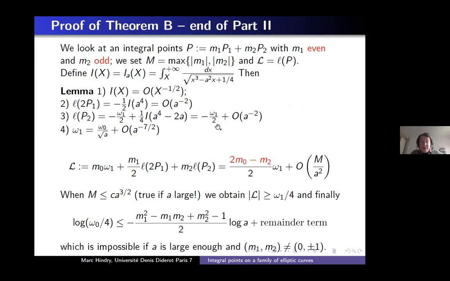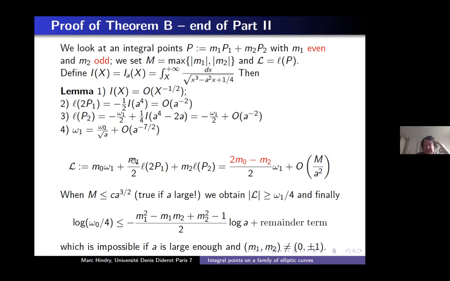And LP2 is essentially a torsion point of order 2 plus a remainder term also in O of A to the minus 2. And the first period, when you compute it, is a constant over square root of A plus a remainder term.